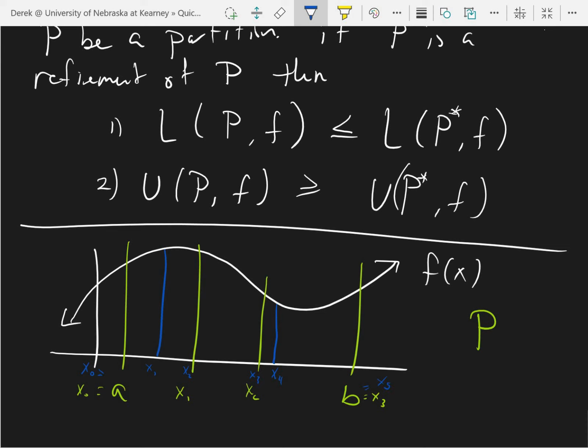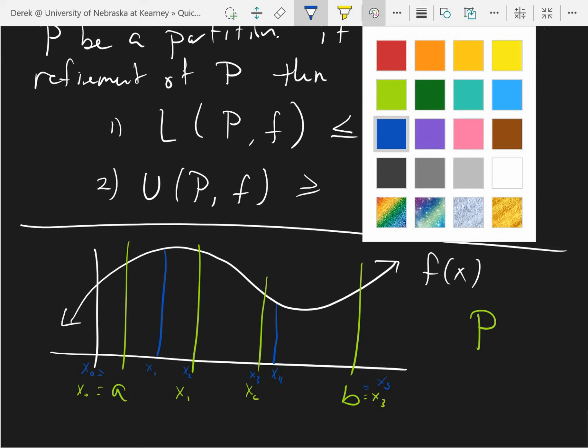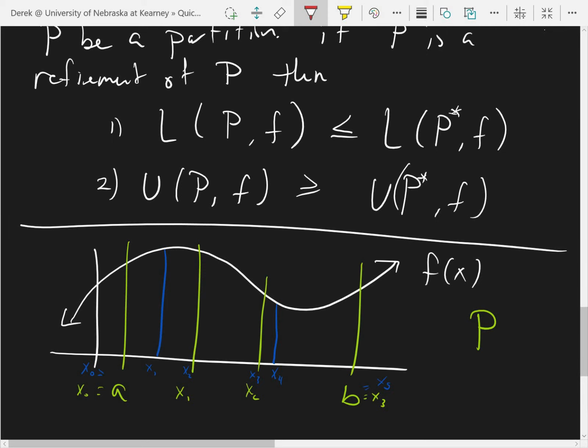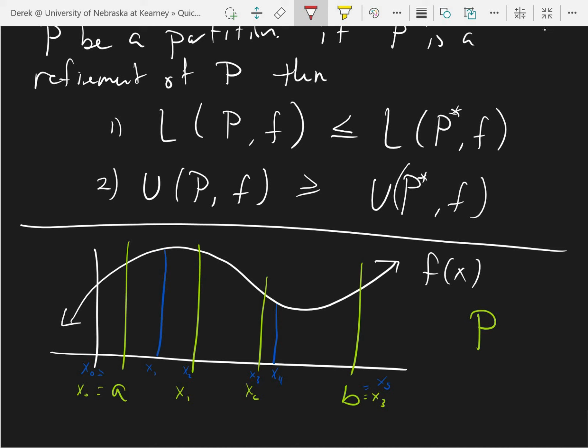Let's see why the lower integral of f on P gets bigger with the refinement. Where's the minimum value in this first integral? Well, it's right there. So that's part of the refined lower integral. Just on this piece, the stuff that has been added to the lower integral in the refinement is this little extra box up here.